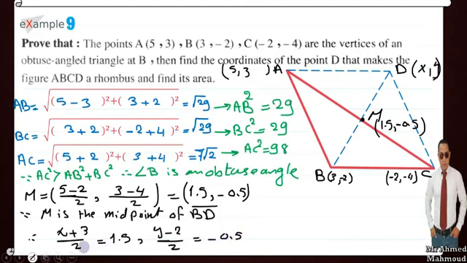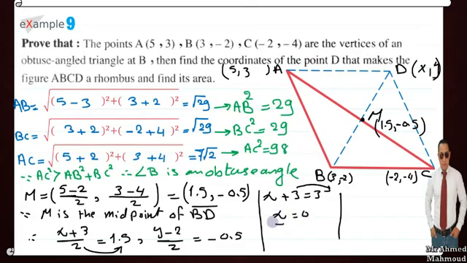Okay, I will send 2 times 1.5 equals 3, then X plus 3 equals 3. Okay, I will send 3 there as minus. 3 minus 3 equals 0, then X equals 0.